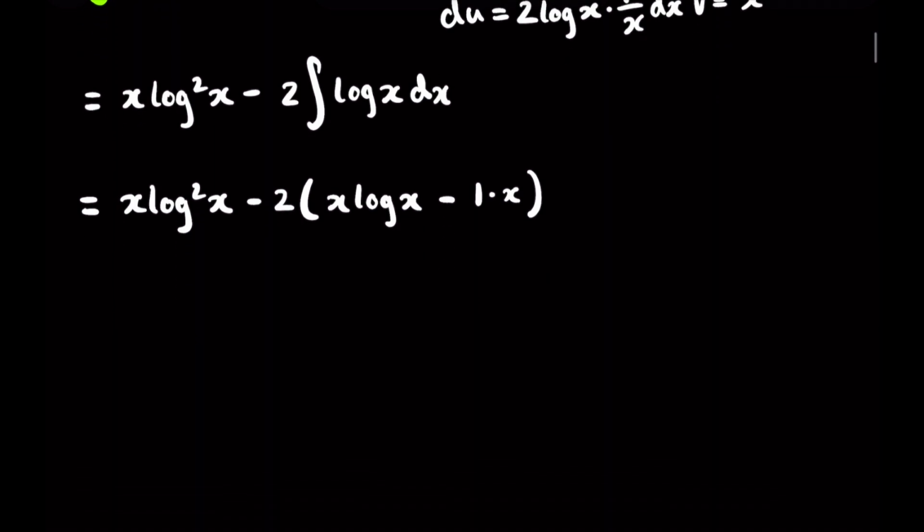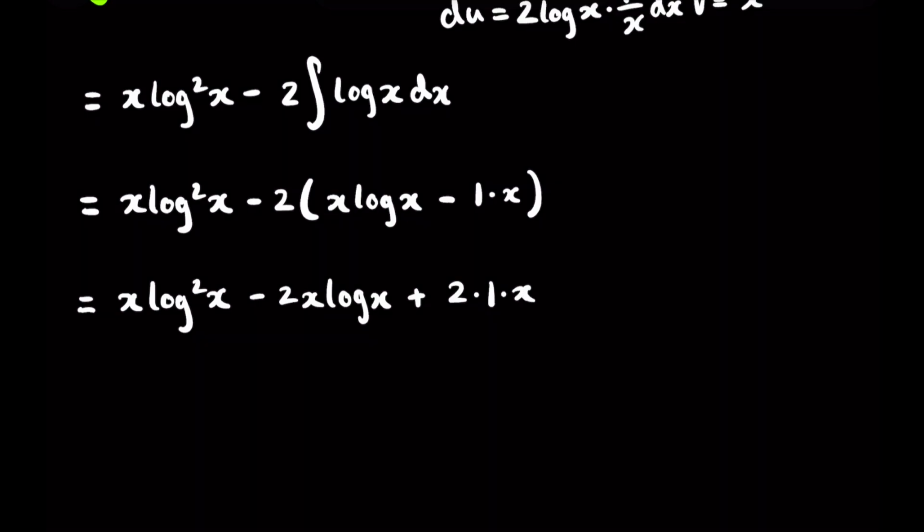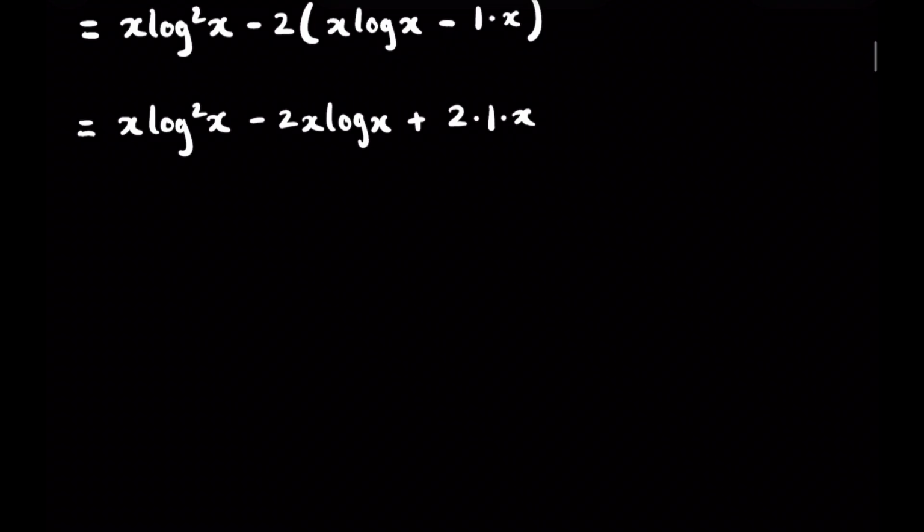Let's go ahead and distribute out the 2, and we get x log squared of x minus 2x log x plus 2 times 1 times x. Now, let's move on to evaluate the integral of log cubed of x dx.